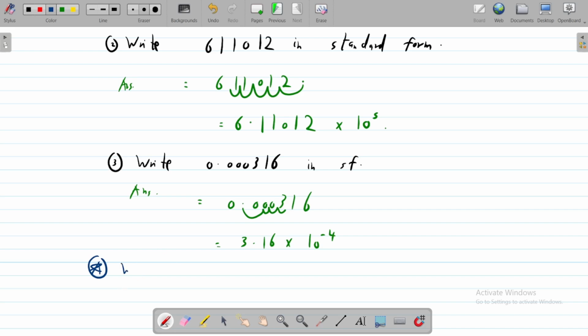Okay. When we take the decimal place to the right, the power is positive or negative.